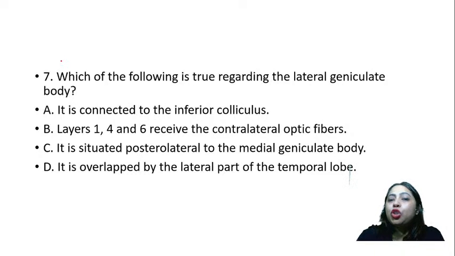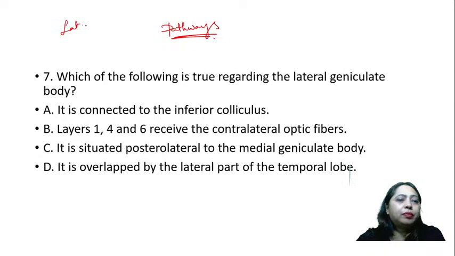Which of the following is true regarding the lateral geniculate body? Lateral geniculate body, which one is true? So think, the lateral geniculate body is for which pathway? There are two pathways, involving the lateral geniculate body and the lateral lemniscus.